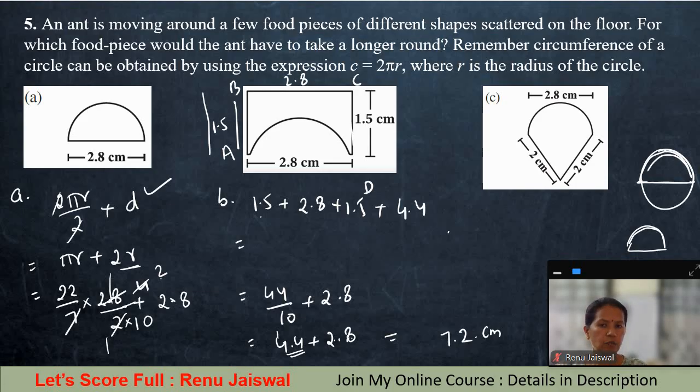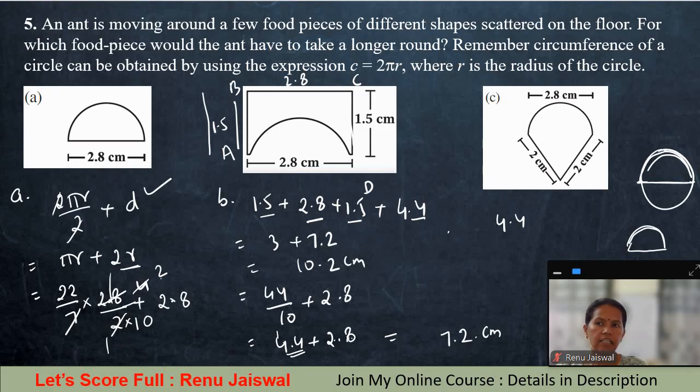Now add 1.5 and 1.5, that is 3, 3 plus 2.8, and also one more thing. See, I got these 3 and this addition I already calculated here, 7.2. So it is how much? 10.2 centimeter.